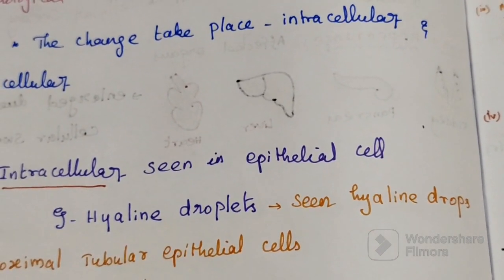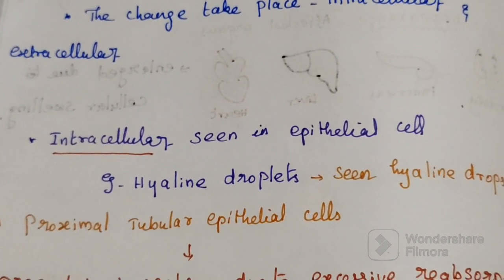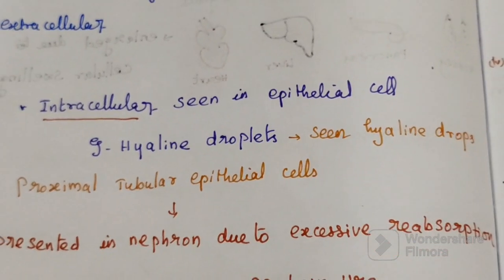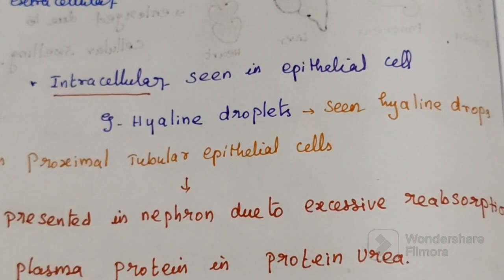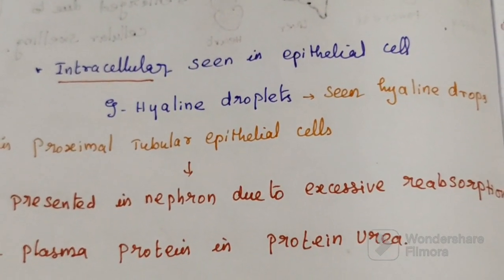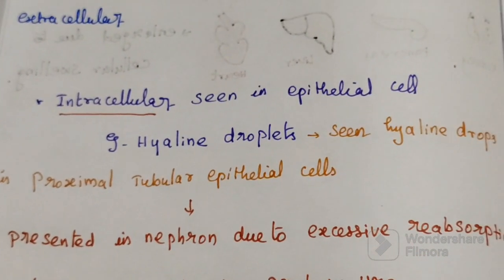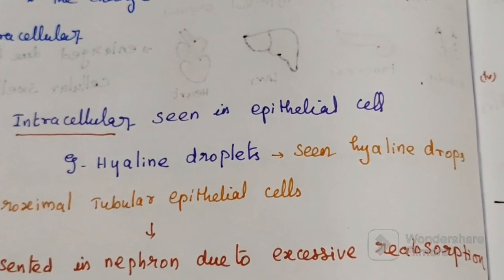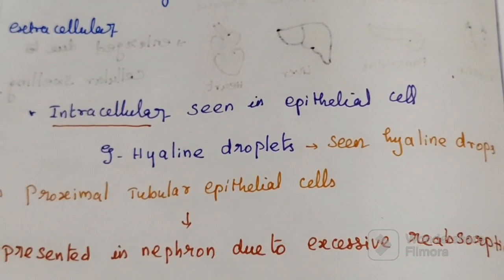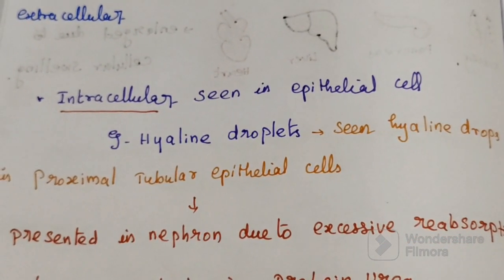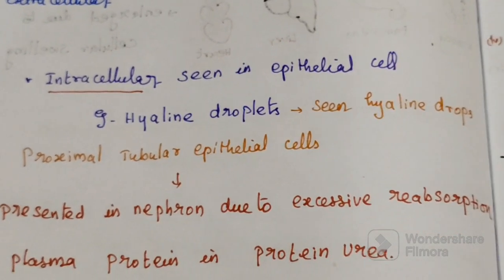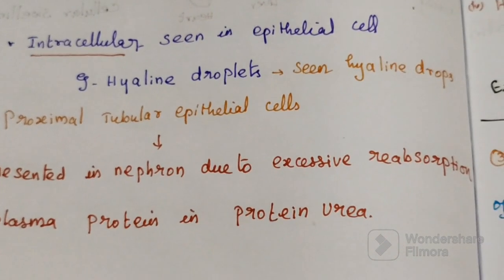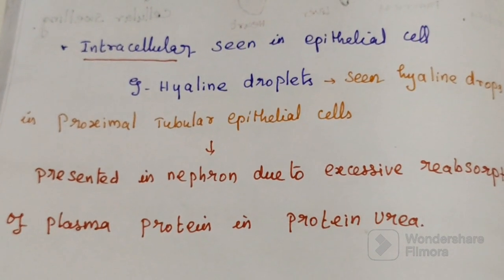These hyaline droplets are seen in proximal tubular epithelial cells of the nephron, due to excessive reabsorption of plasma protein in proteinuria.